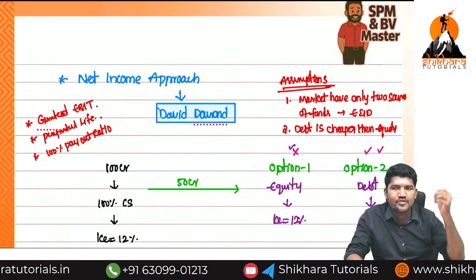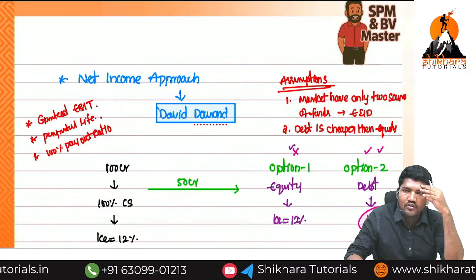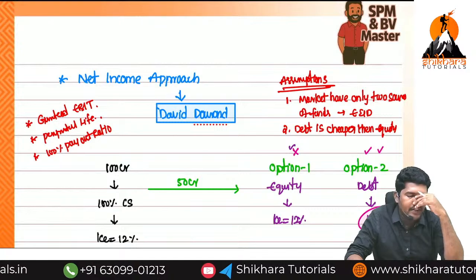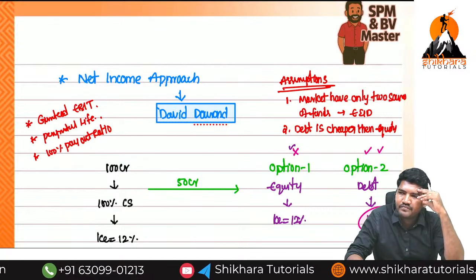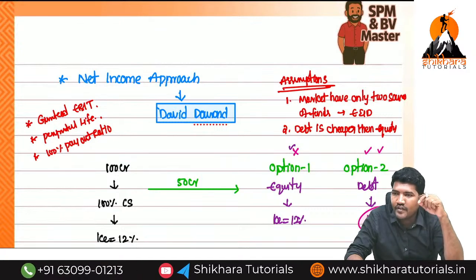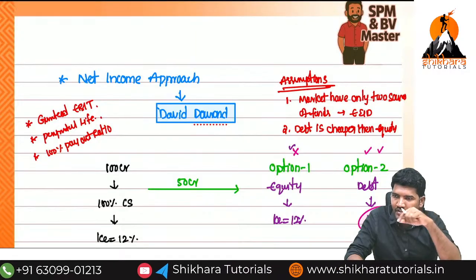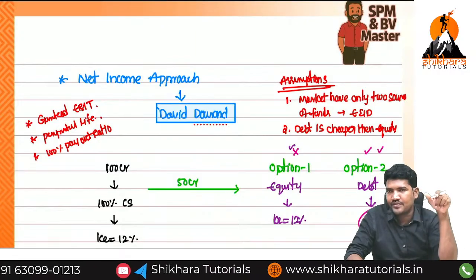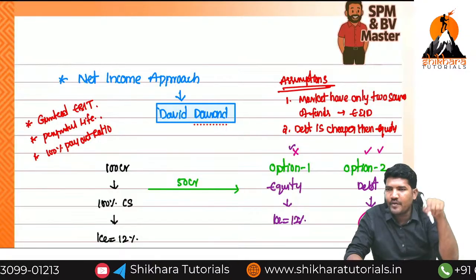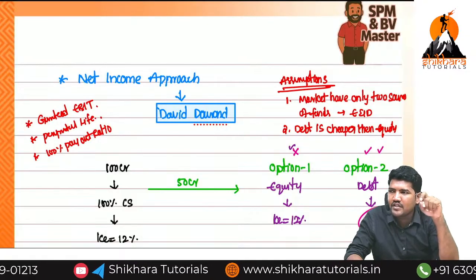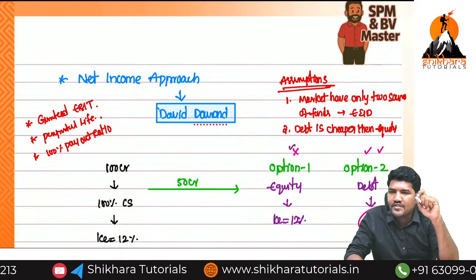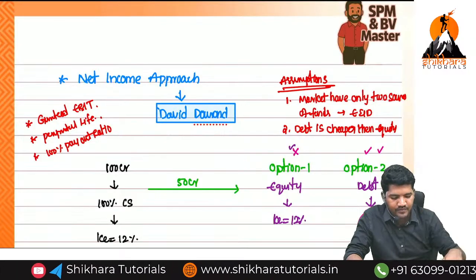These are all assumptions you need to follow before understanding the approaches. They are not only for net income, these assumptions are for all approaches. After writing this, put a flower bracket and write the point: these assumptions are applicable for all approaches.